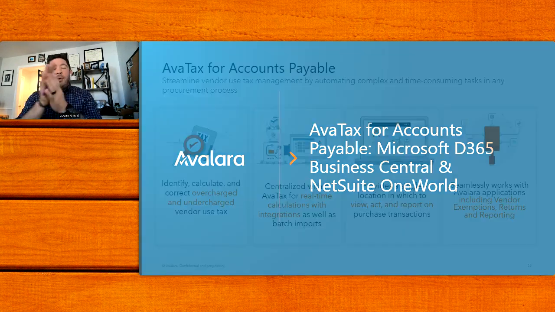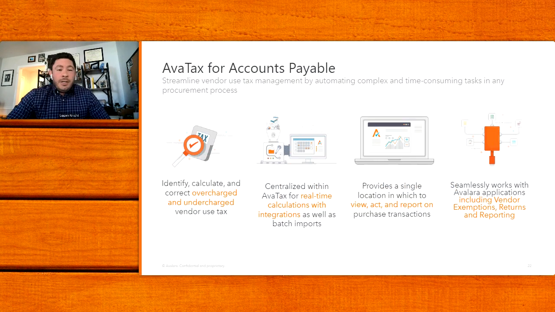All right, so we are going to talk about, it's a very good segue, AvaTax for Accounts Payable, specifically for Business Central as well as NetSuite. So as we've talked about, Avalara has identified the need to be able to calculate and correct any of these overcharged, undercharged amounts when they do get those back from the vendor.